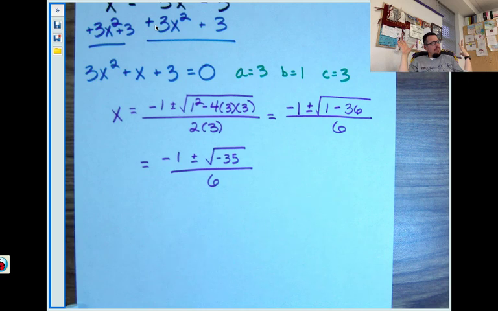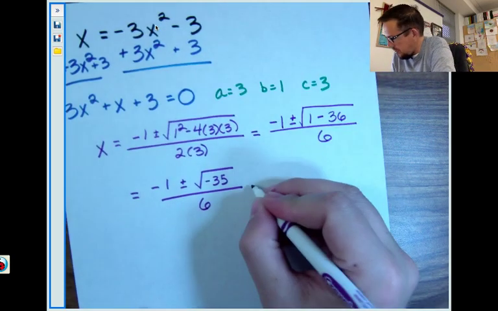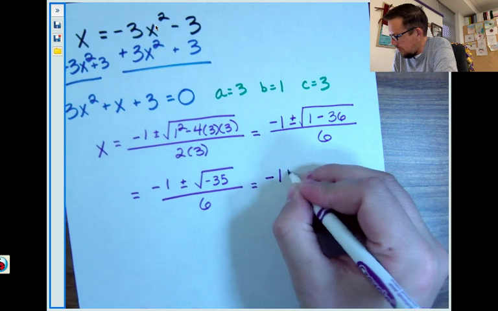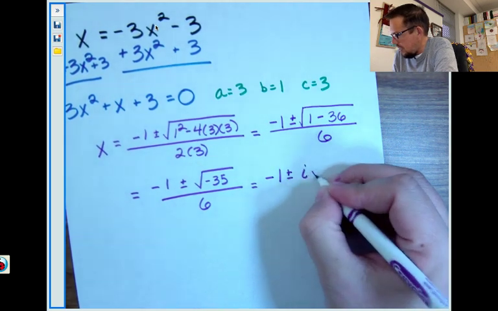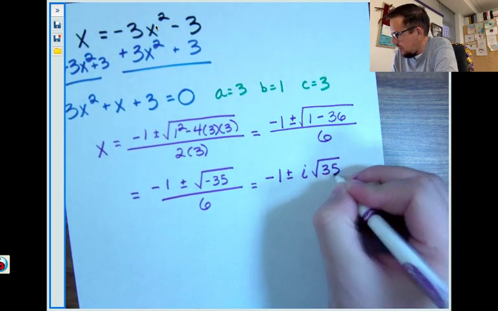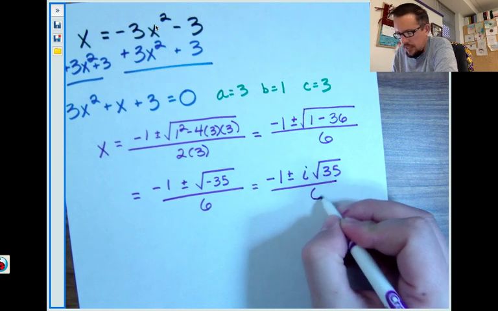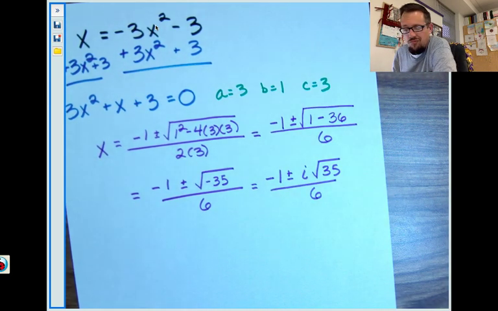What is the square root of negative 35? Square root 35 can't really be simplified. So the best we can do is negative 1 plus or minus i root 35 over 6. That's a pretty good way to write it.